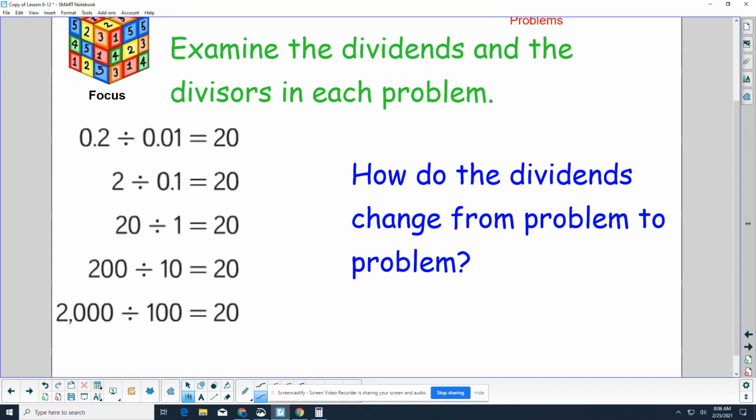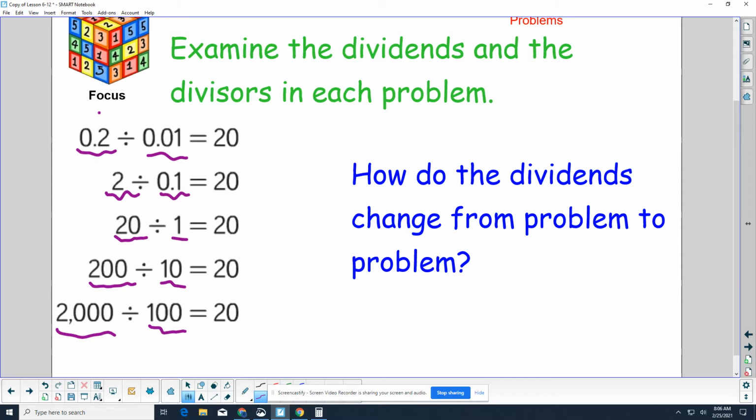So examine the dividend and divisor in each problem. Let's see how they change. Let's look at the dividend here, 2 tenths, and then I see 1 hundredth. So I went from tenths to hundredths here. Here I went from the ones to the tenths. Here I went from tens to ones, hundreds to tens, thousands to the hundreds place. Do you see how each time we're going back a place value?